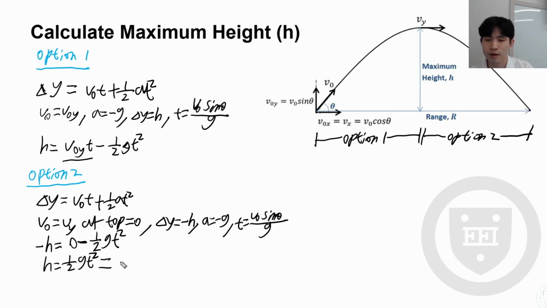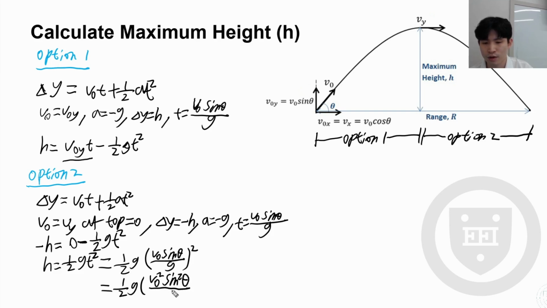So if you plug in the value for t here, you get 1 over 2 times g times v naught sine theta over g, squared, which is 1 over 2 g times v naught squared sine squared theta over g squared, which is v naught squared sine squared theta over 2g.